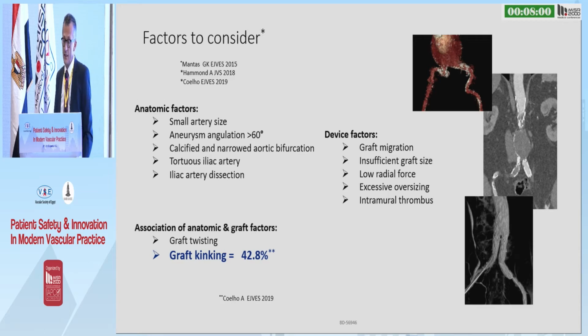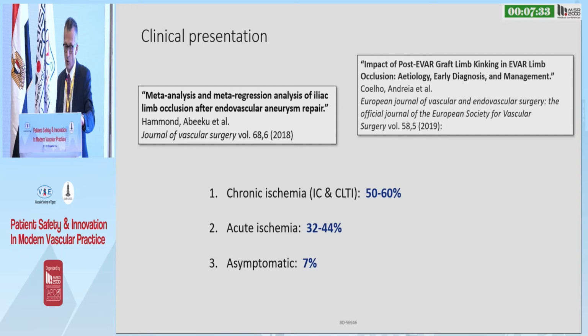On the other side, the factors related to the device: thrombotic material in the device, migration of the device, again the small size of the device. But in summary, the combination of anatomical and graft factors causes graft kinking, which in more than 40% of cases is the reason for iliac limb occlusion.